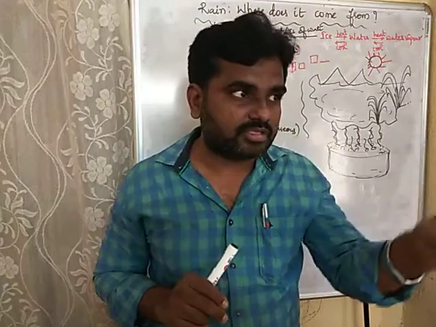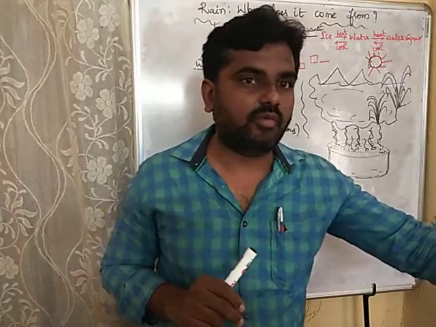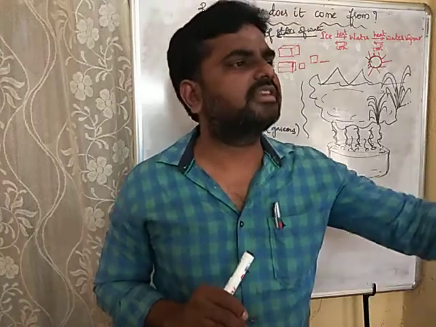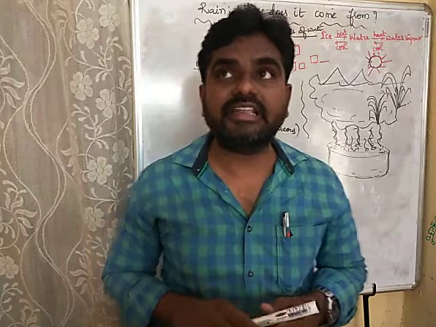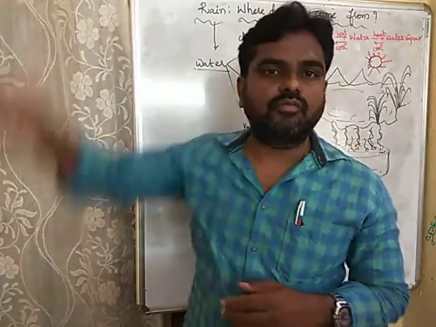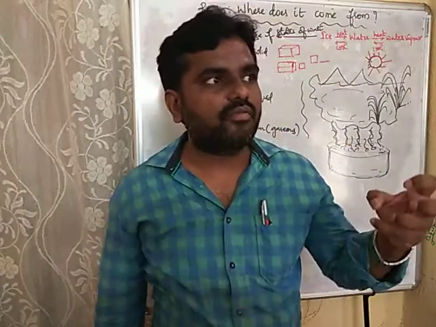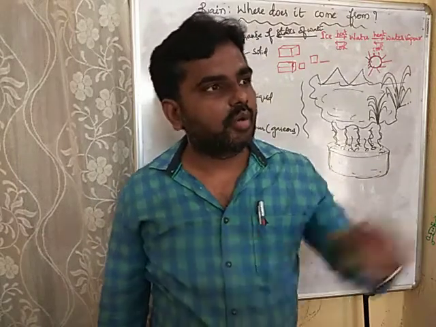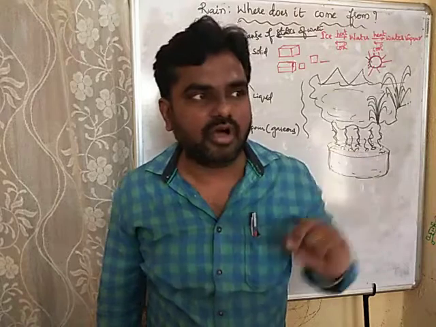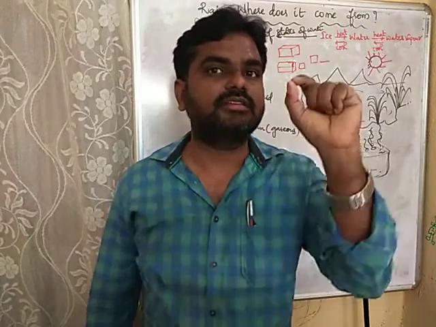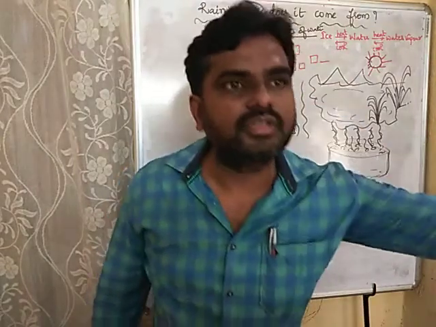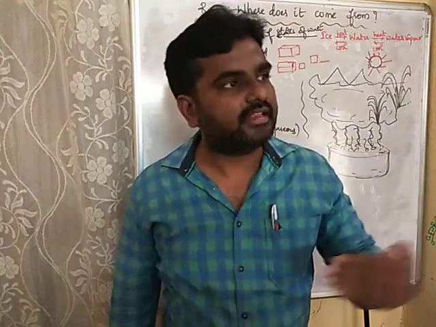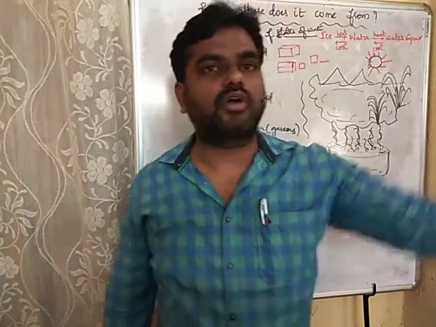The windows are kept above the floor, up to a small height, whereas the ventilators are kept on the top of the wall. Why? Because the windows are kept in our rooms or houses only at a lower height, because the cold air is a little heavier. That's why, to let the cold air enter, we keep the windows at normal height.